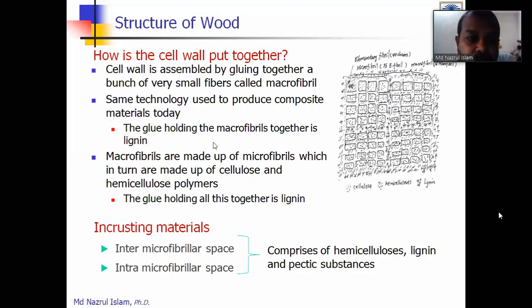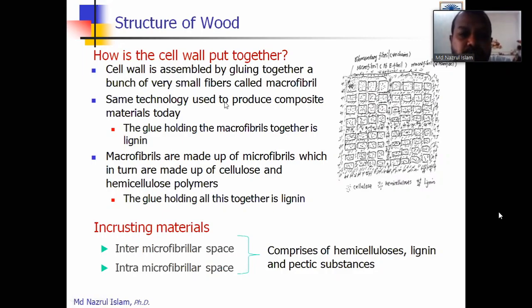Sorry. So the cell walls that are assembled together, we can say that is also a composite material. So we can say wood is also a composite material mixed from cellulose, hemicellulose, and lignin. And the properties of cellulose, hemicellulose, and lignin are different from the properties of the wood.